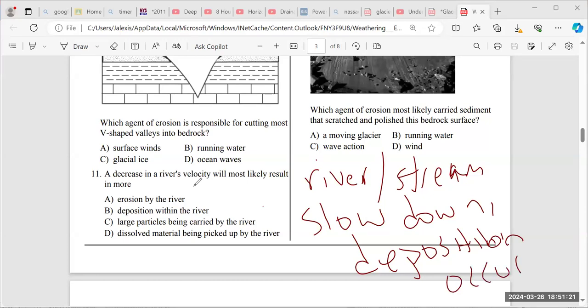This is a known fact. When a river or stream slows down, for example when it's entering into a lake, immediately deposition occurs. And that's why the correct answer is choice B.